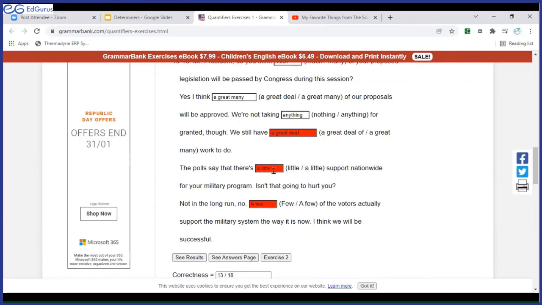So I find a little correct. Let me find out once again about a little and little. Not in the long run. A few of the voters actually support the military system. Again, a few sounds to be correct because this is the negative form. Let me find out, okay?